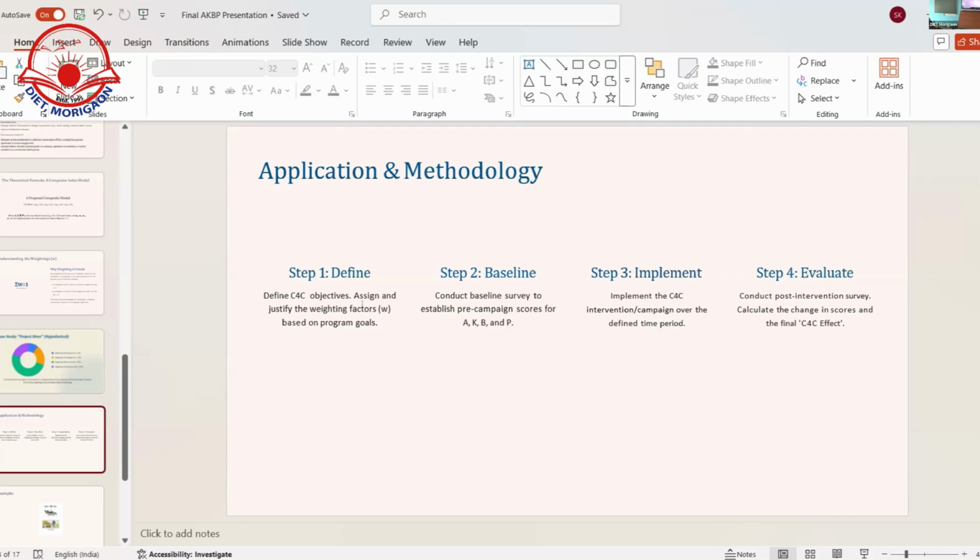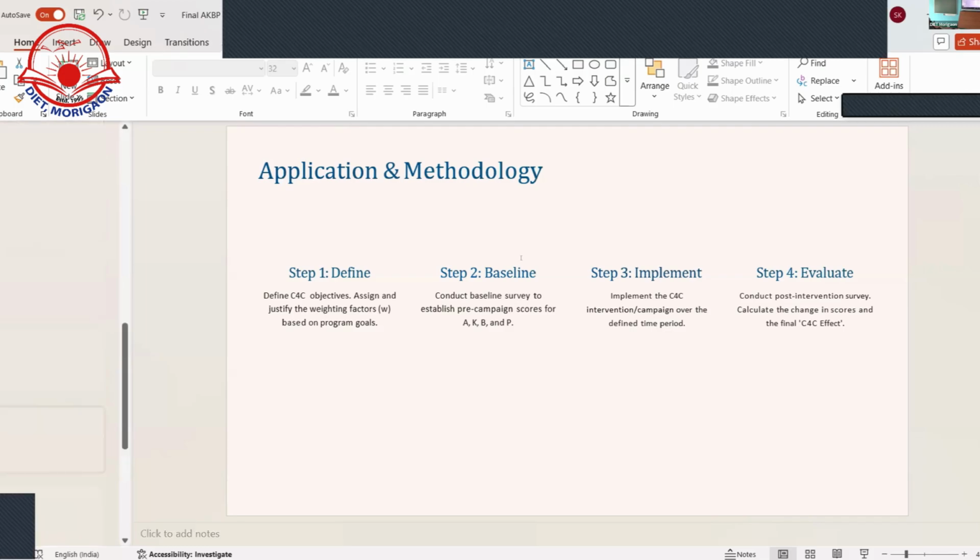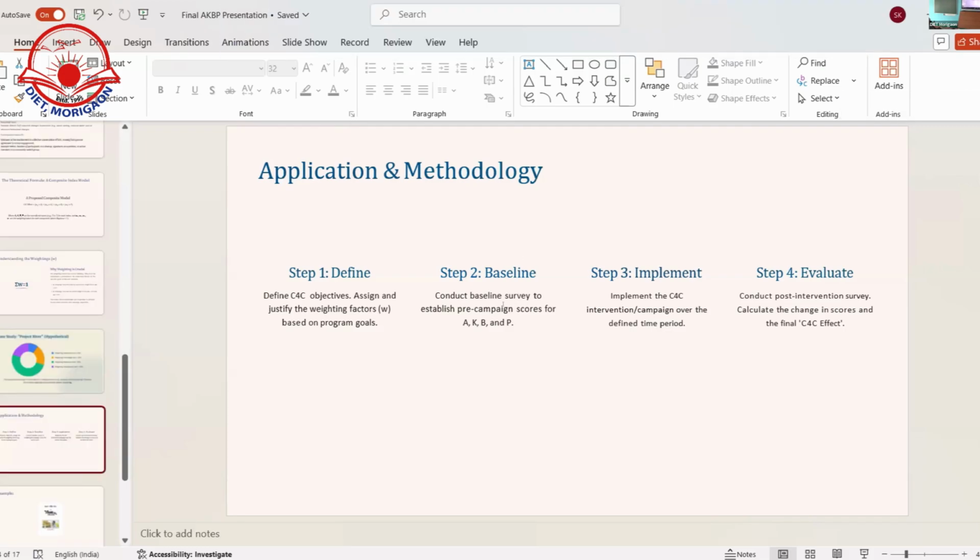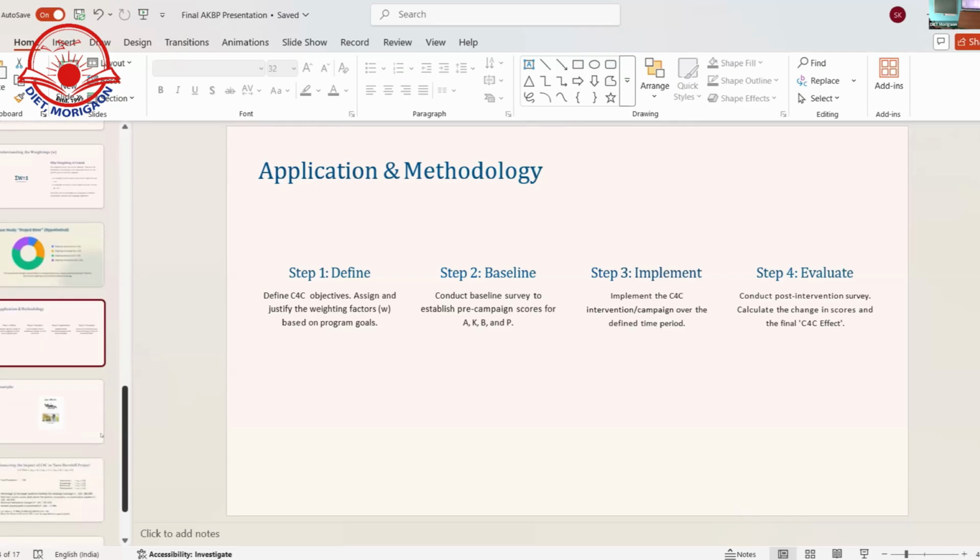Step two is the baseline: conduct a baseline survey to establish pre-campaign scores like A, K, B, P. Then implementation: how the campaign is implemented and how it has cast its impact on the people. And then the evaluation process: we conduct a post-intervention survey, and calculate the change in scores and the final C4C effect. So this is the formula in simple terms.